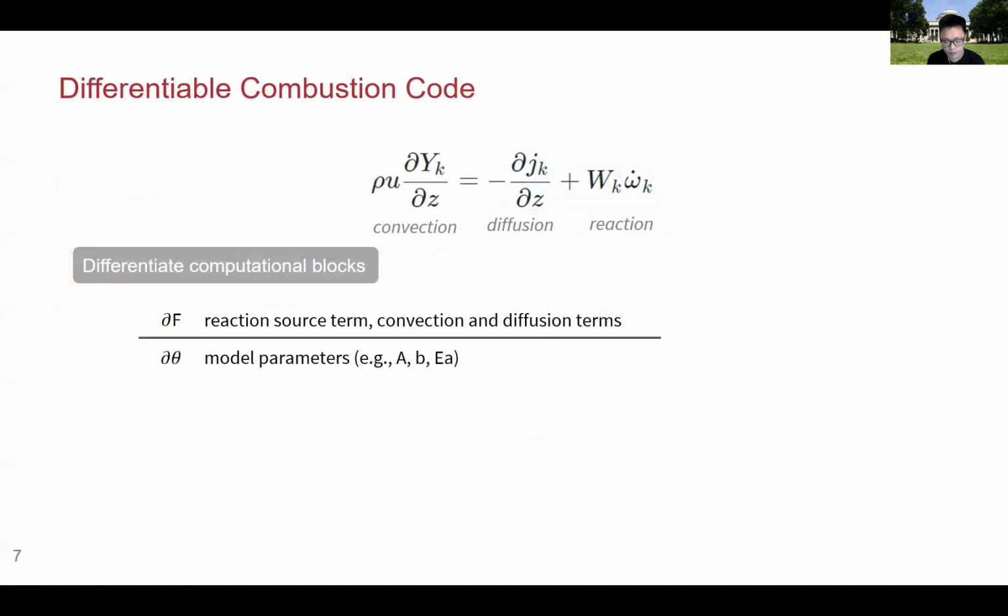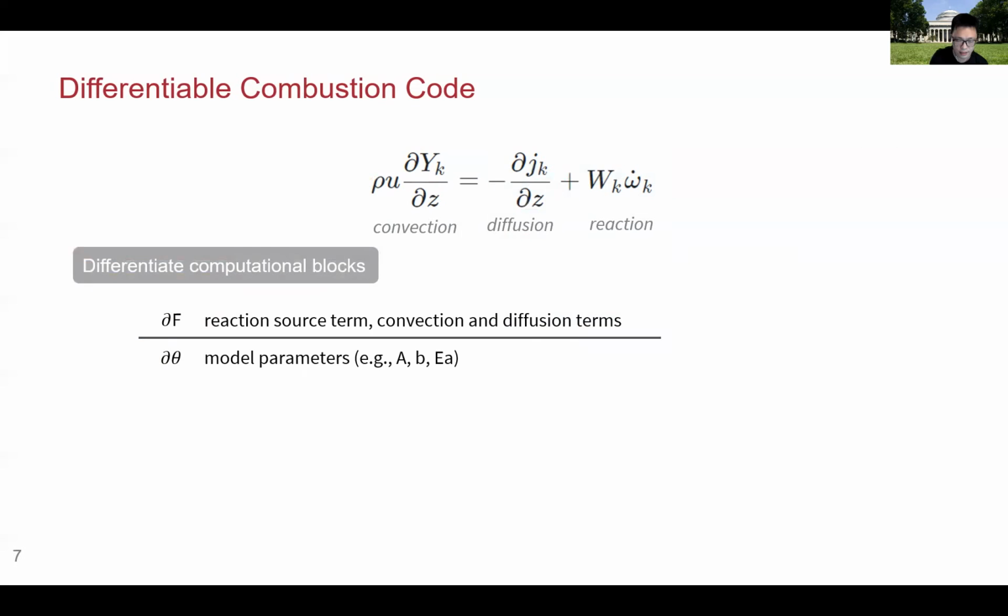To better illustrate how differentiable programming works for combustion, we can use this one-dimensional flame example. We have different source terms, and at the low level, differentiable programming can compute the gradient of each of these source terms with respect to the model parameters.